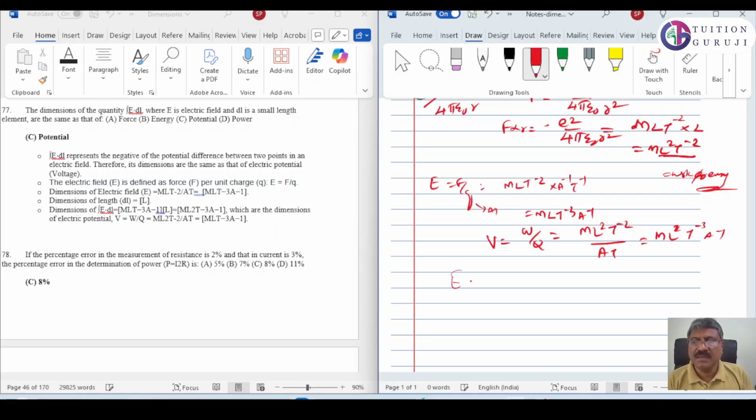Now, E into dl is equal to M L T raised to minus 2, A raised to minus 1 into L. That is the same as M L square T raised to minus 3, A raised to minus 1. So both are the same. E dl is equal to voltage.